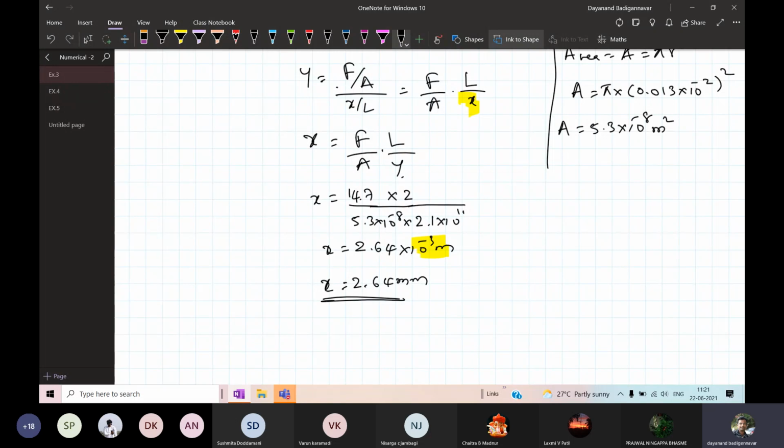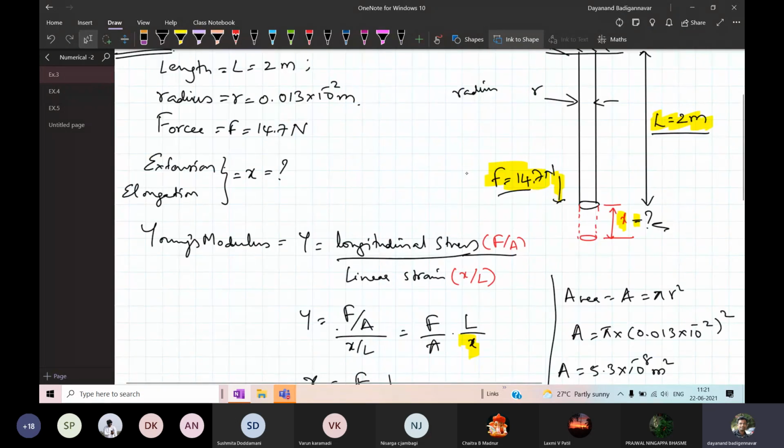So with the applied force 14.7 Newton and the length of 2 meter, the extension produced is 2.64 mm elongation.